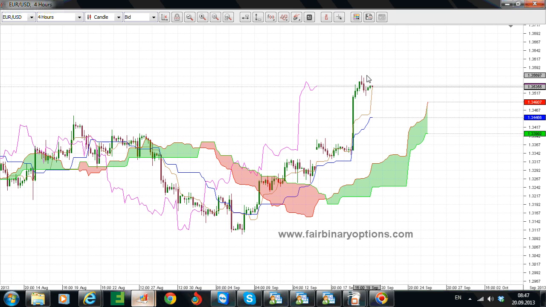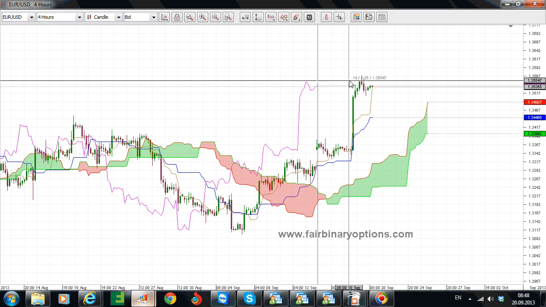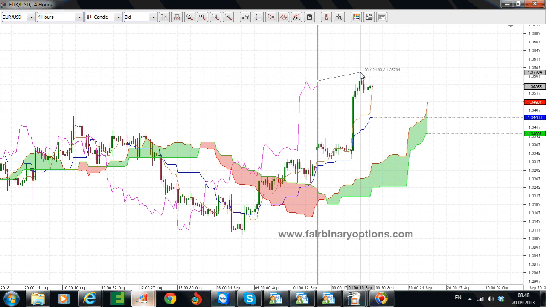Now based on the Chinkou, this whole structure that you're seeing here, this indicator is called the Ichimoku Kinko Hyo. Here is the cloud, the Kijun and the Tenkan lines, and this is the Chinkou, this pink line. The Chinkou has the tendency to show us the distance from current price levels to the candles in front of it.